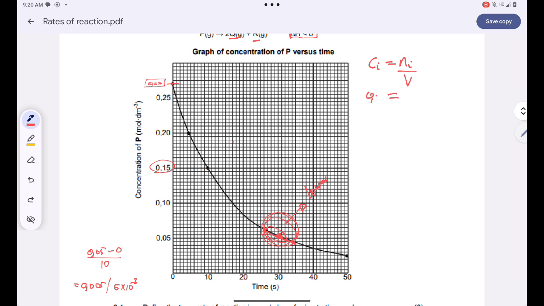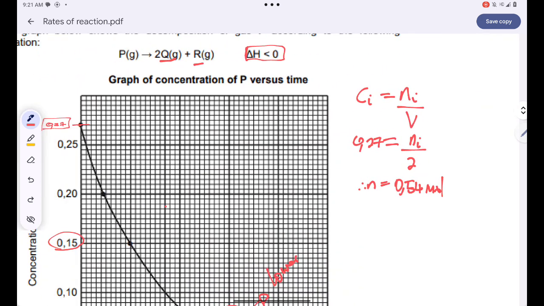My initial concentration is 0.27. I don't know the initial number of moles. Divide by 2. So the number of moles is 0.27 multiplied by 2. This will give me 0.54 moles. Are you together?